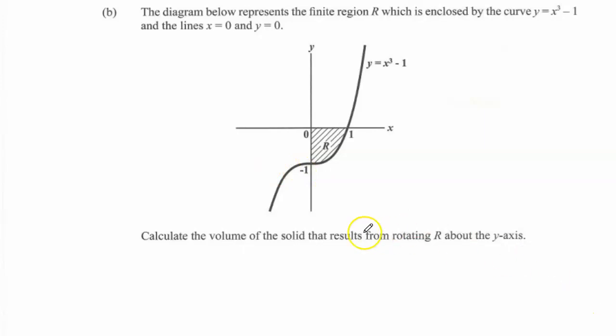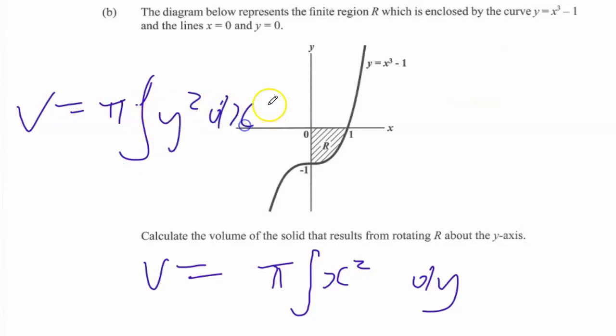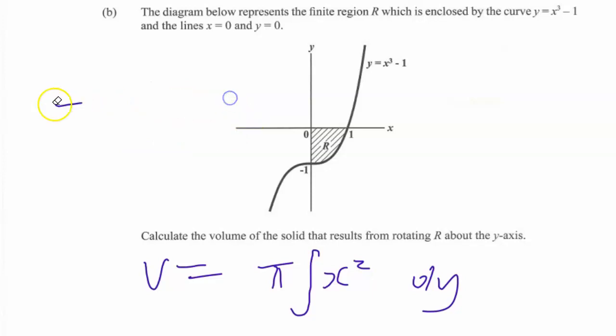So the volume, when you rotate it about the y-axis, V is pi times the integral of x squared dy. And if we are rotating about the x-axis, it will be pi y squared dx. But we're actually rotating about the y-axis, sorry. So that's the formula we use.